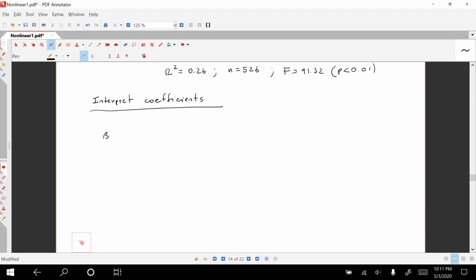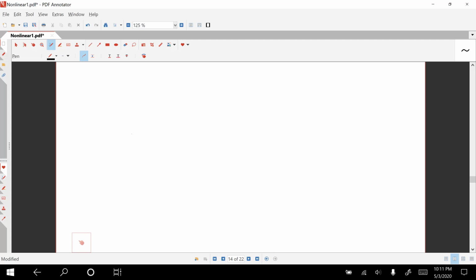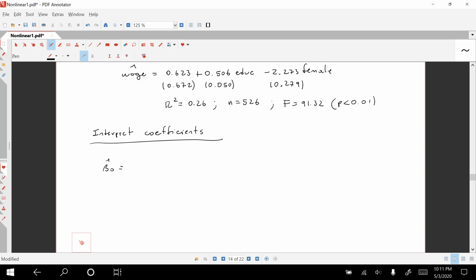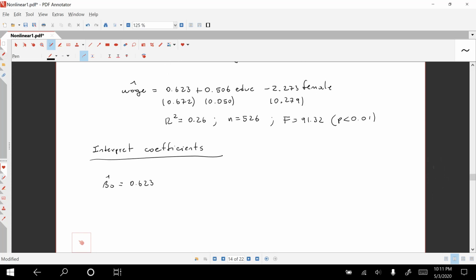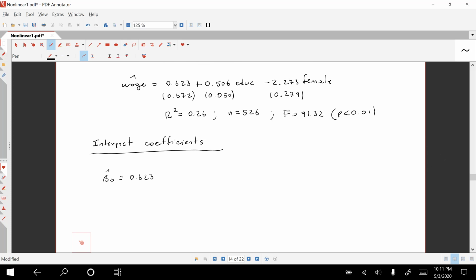Let's start with the intercept, 0.623. Remember, the intercept is the average value of the dependent variable when the explanatory variables are equal to 0. In this case, that would be the average wage for somebody who has no education, and female equal to 0, which represents male.